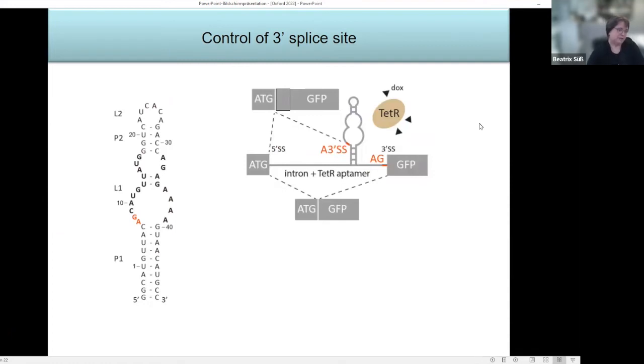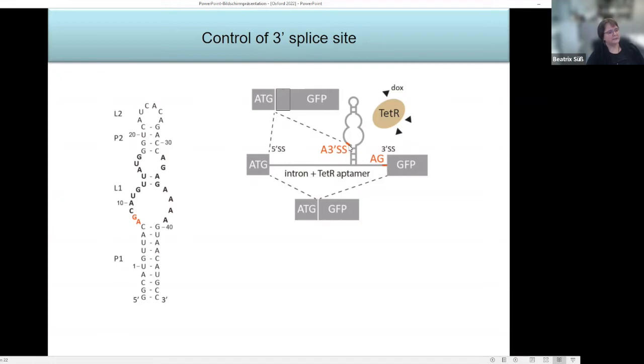We have a GFP reporter gene, and we divided this GFP directly after the ATG. So we inserted an intron between the start codon and the GFP coding region. And we have here, this AG is the canonical, the normal 3' splice site.